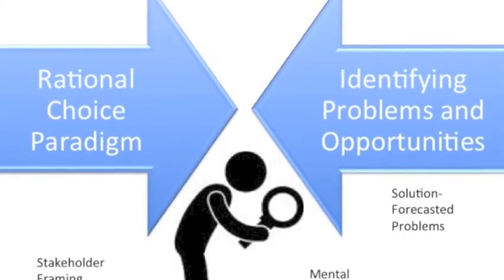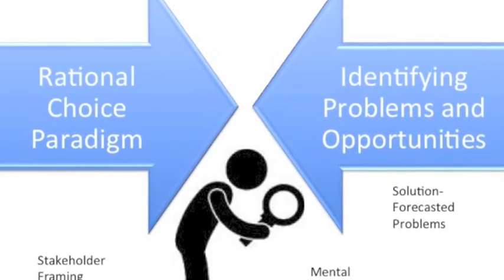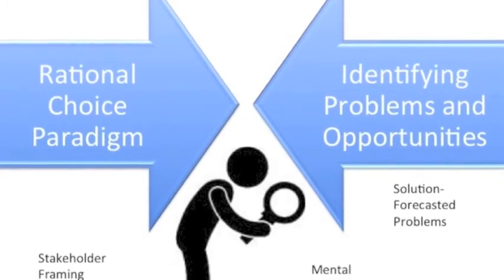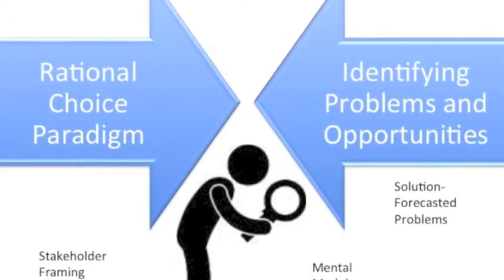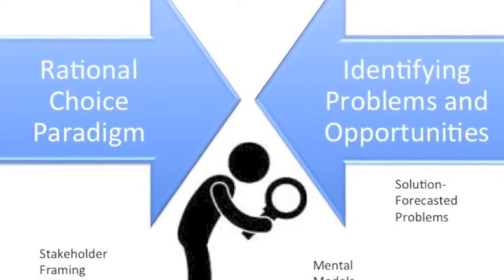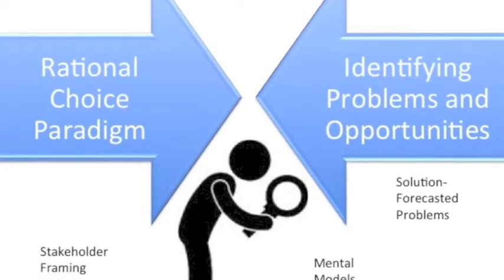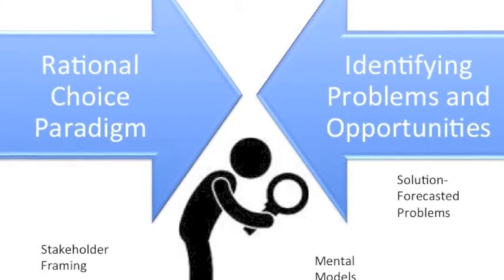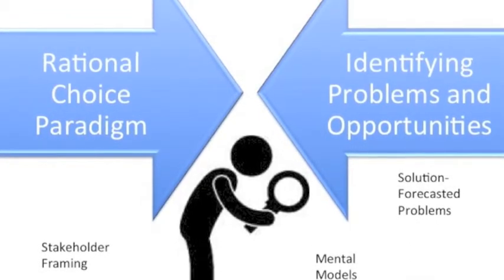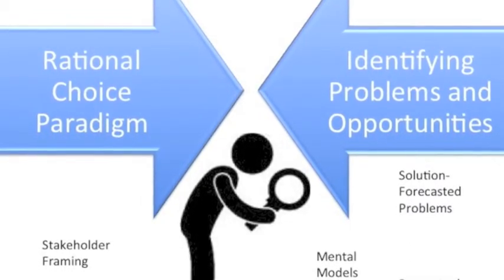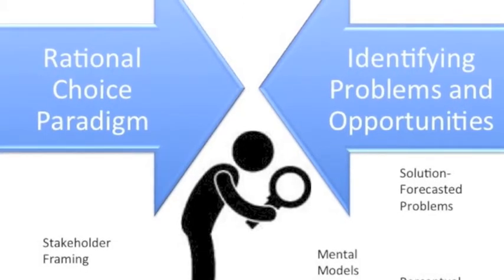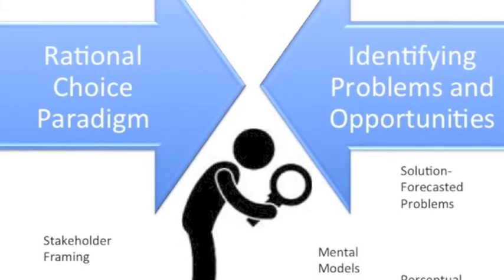So, why do people differ from rational choice paradigms when identifying the problems or opportunities? There are 5 widely recognized concerns, and those concerns consist of stakeholder framing, mental models, decisive leadership, solutions-focused problems.